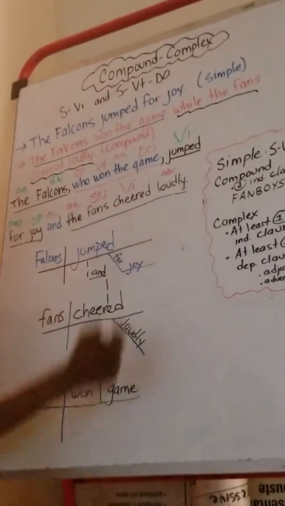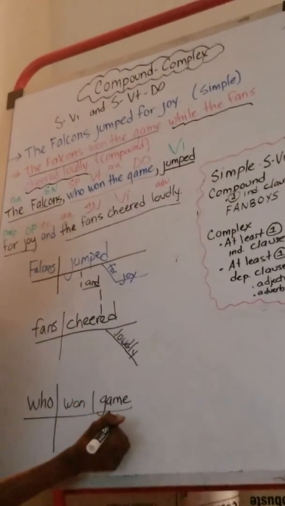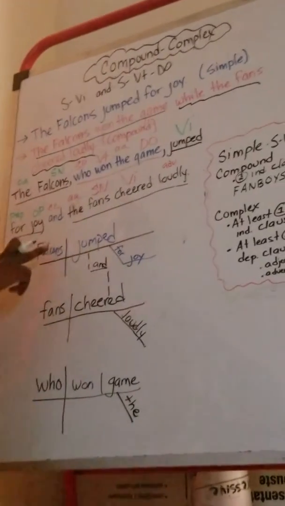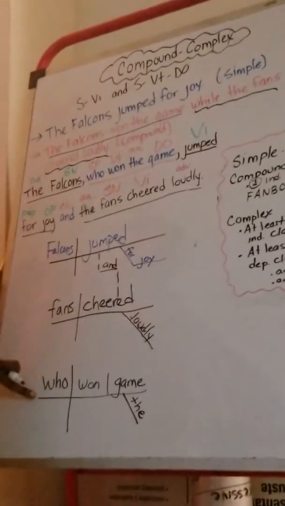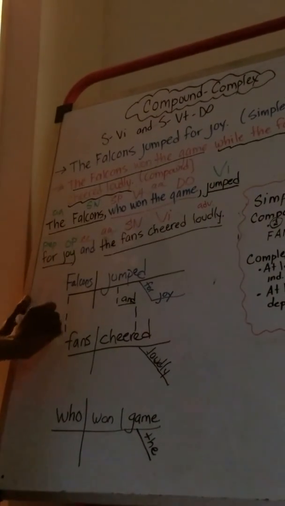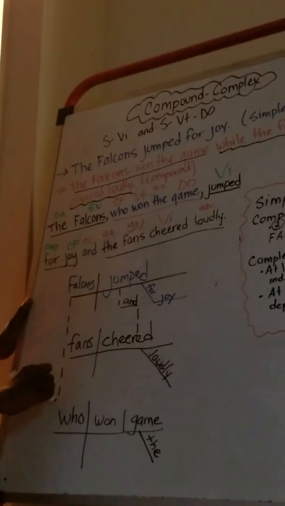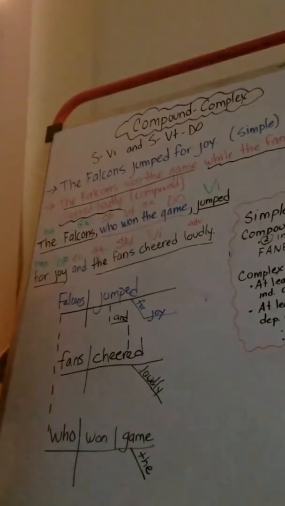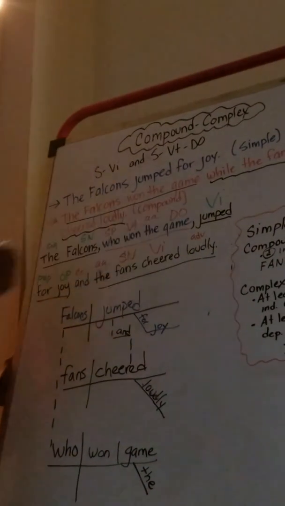The modifies game. That would go here on a slanted line. And now our subjects need to be connected by a dotted line, subject to subject. And that's how we would modify an adjectival clause in a compound complex sentence.